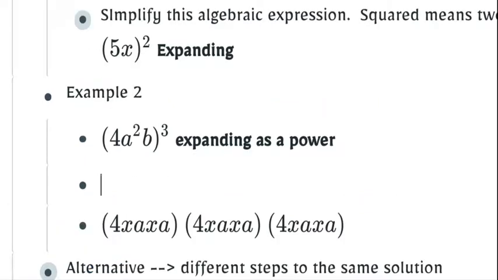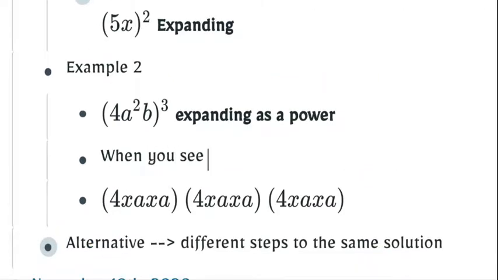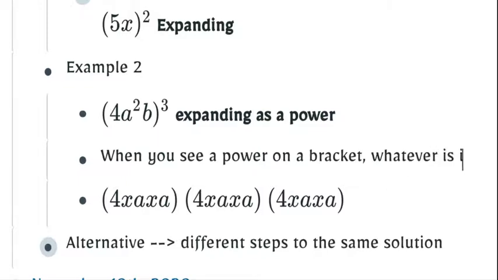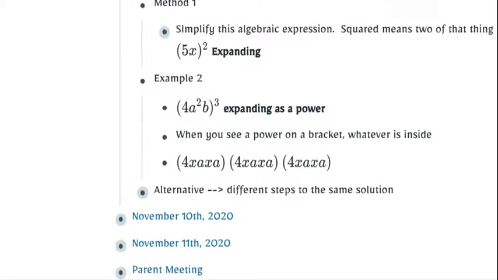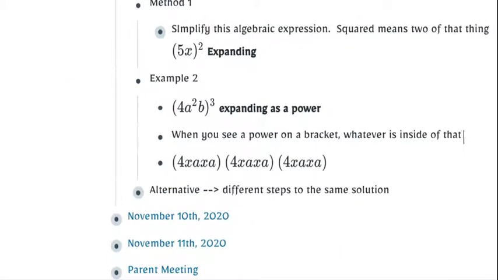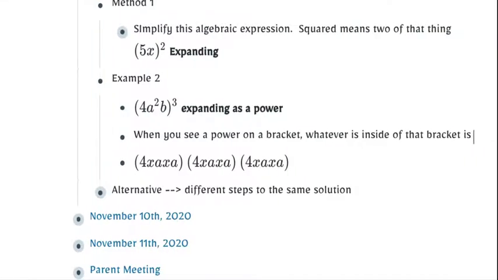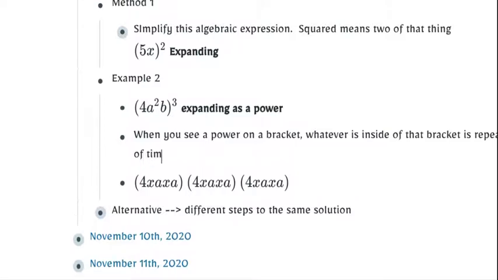You can write for me: when you see a power on a bracket, whatever is inside of that bracket is repeated X amount of times based on the index. And the index is what? The power.